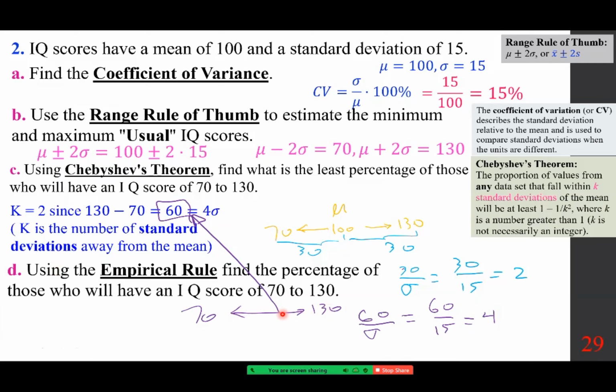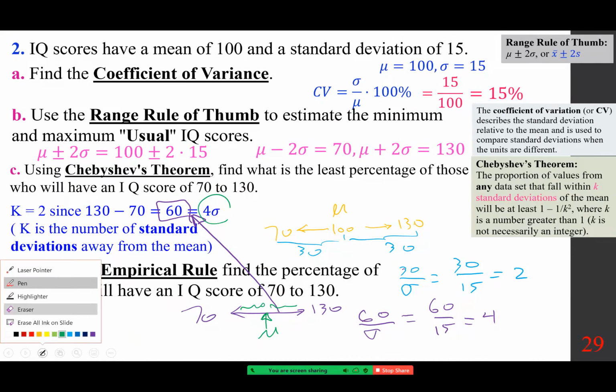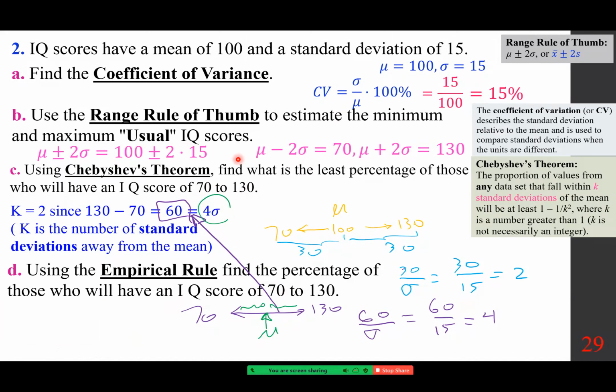From 70 to 130, the difference of 60 represents 4 times the standard deviation. So if mu is right in between, each side is half of this 4 sigma, which means 2 sigma. Again, I just wanted to be absolutely positive you have no problem with the calculation. We've already done that from the previous part.